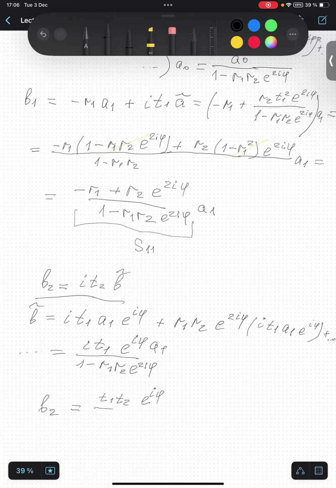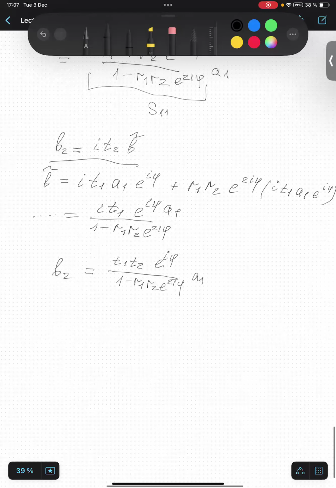So finally, we can construct the whole S matrix for the Fabry-Perot resonator.